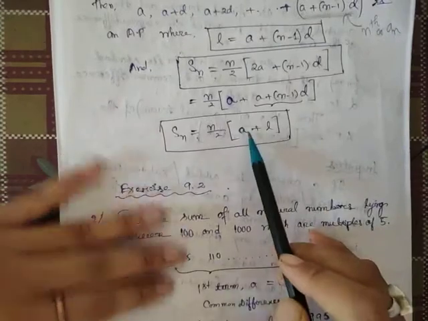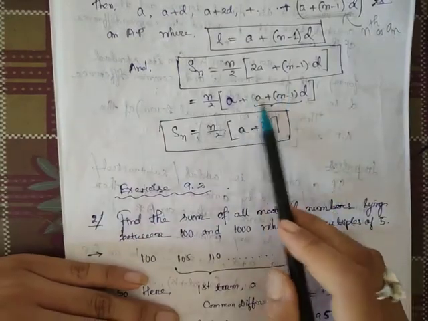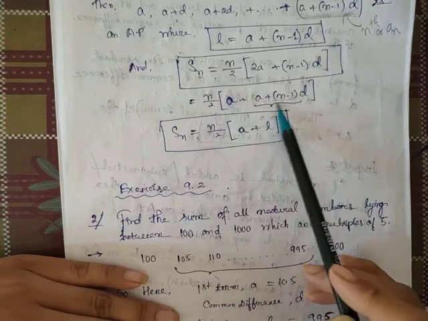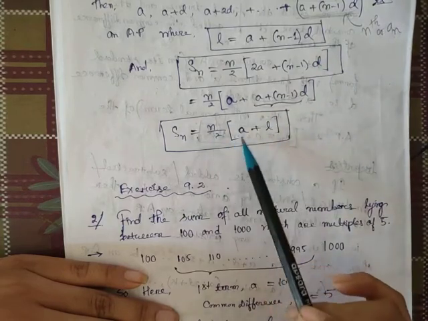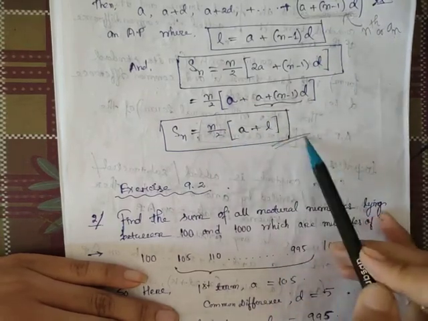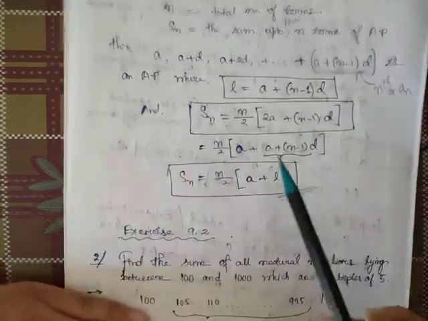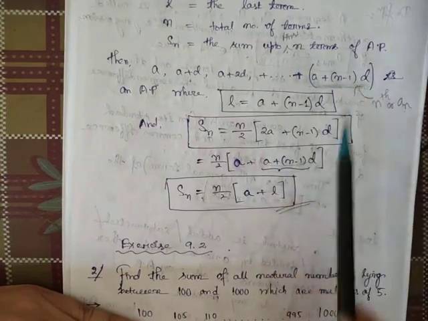This is the formula of the last term, so we can write it as L. So n by 2 into a plus L. This is the sum up to the first n terms of the AP.